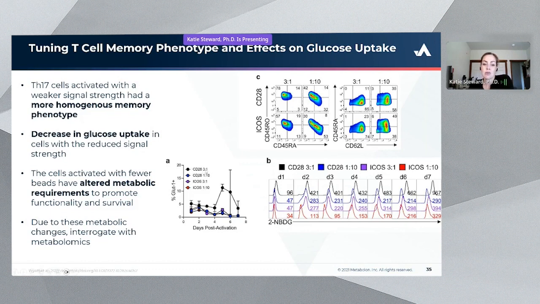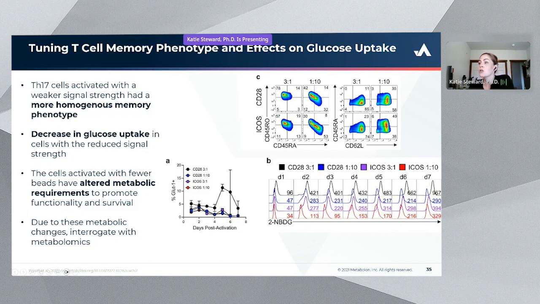The CD28 strongly activated cells are the black trace, the CD28 weakly activated cells, that 1 to 10, is the blue trace, the ICOS strongly activated is the purple, and the ICOS weakly activated is the red, and you can see there that they were taking up less glucose by measurement of that GLUT1. They were also measuring glucose uptake using the glucose reporter 2-NBDG, and you can see here across the different days that less glucose was being taken up by the weakly activated cells compared to the strongly activated cells.